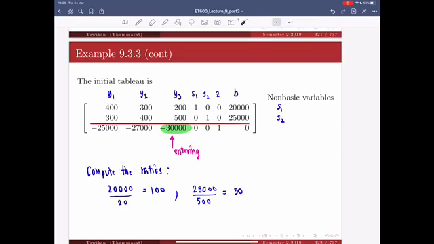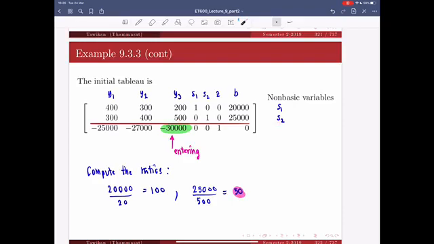Then I need to compare those two ratios and get the smallest non-negative ratio between 50 and 100. 50 is smaller and it is non-negative. So I'm going to highlight that. This is my smallest non-negative ratio, and I got it from the second row.